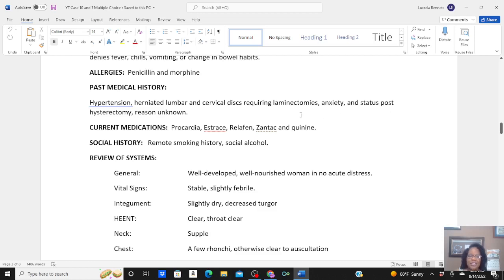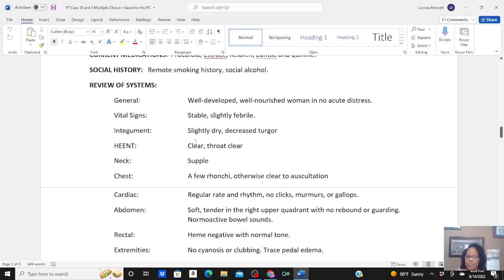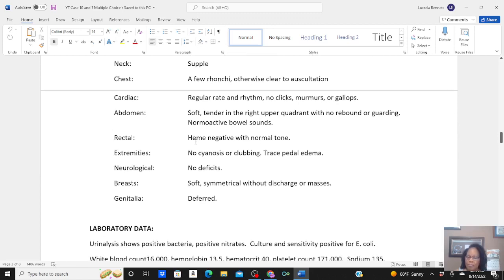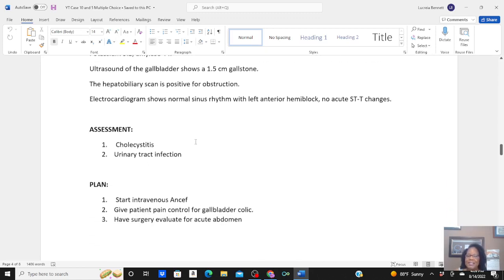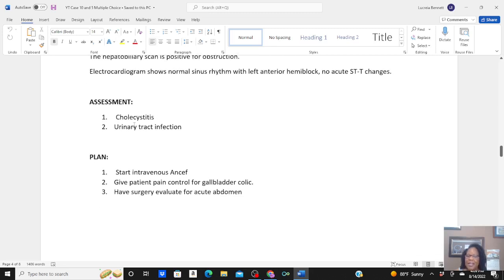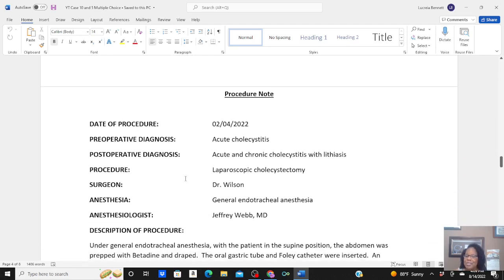She's got anxiety and she's status post a hysterectomy for reason unknown. It identifies the medications that she's currently taking as well as her social history and a review of her body systems. Again, there's the laboratory data, and the assessment says cholecystitis and urinary tract infection, as well as the plan for that hospital stay.